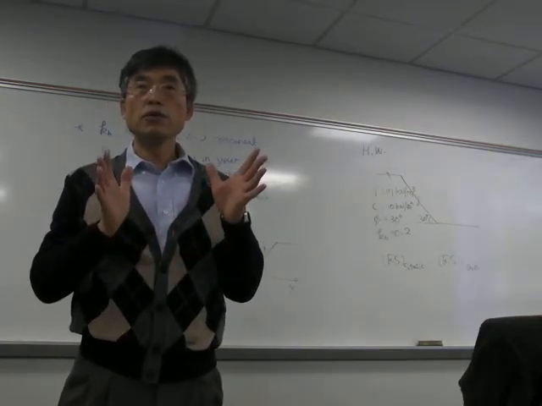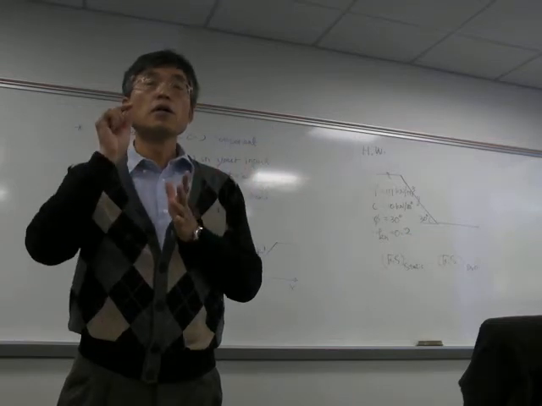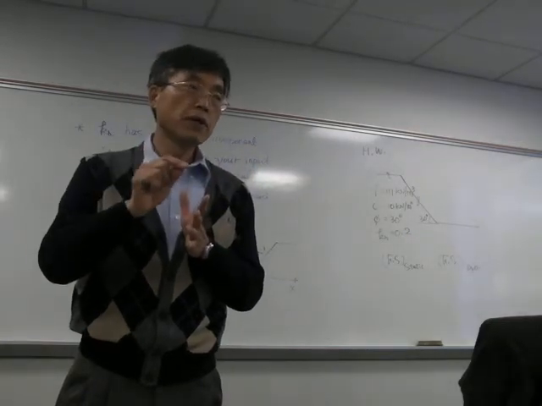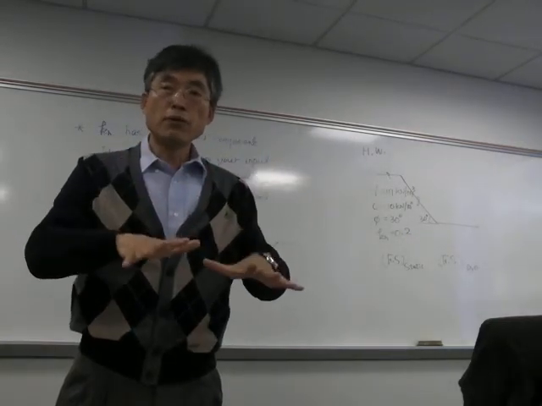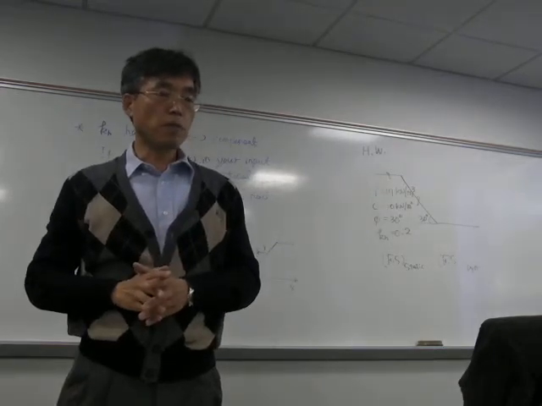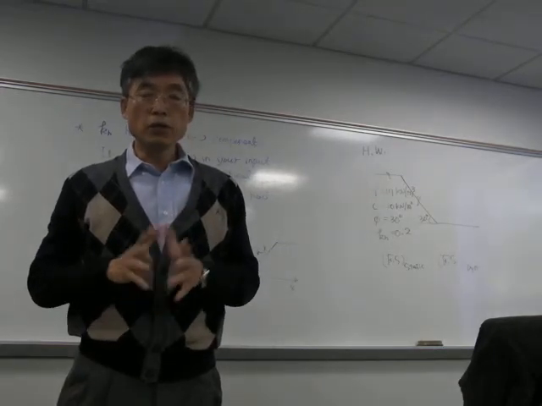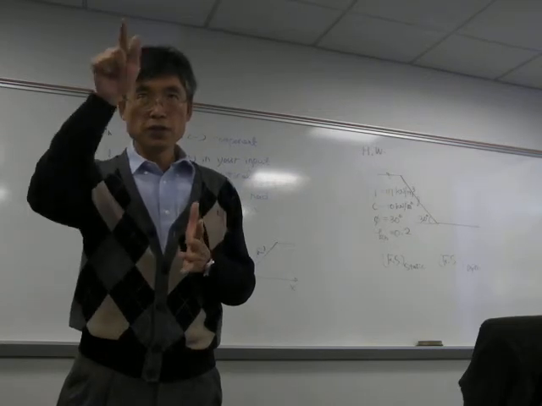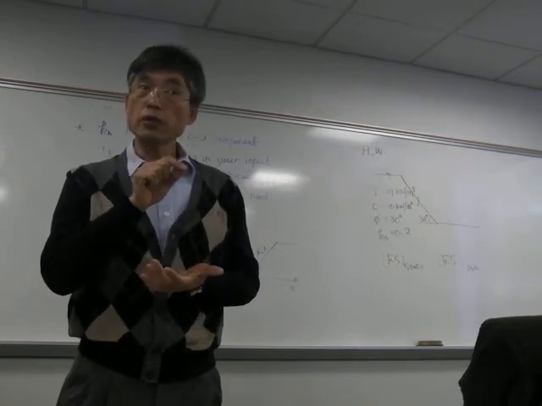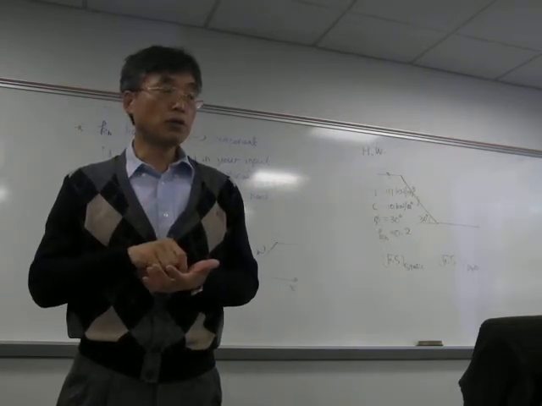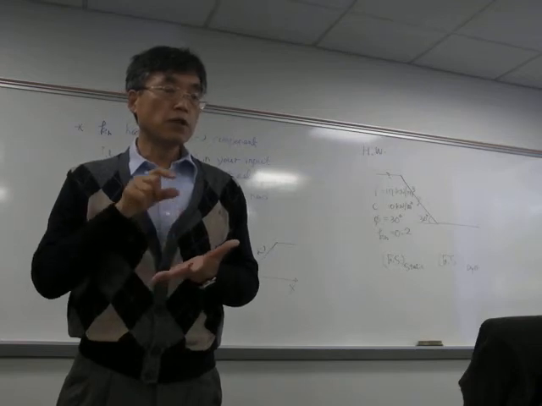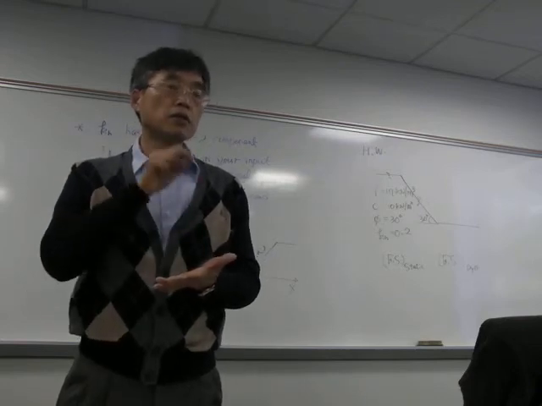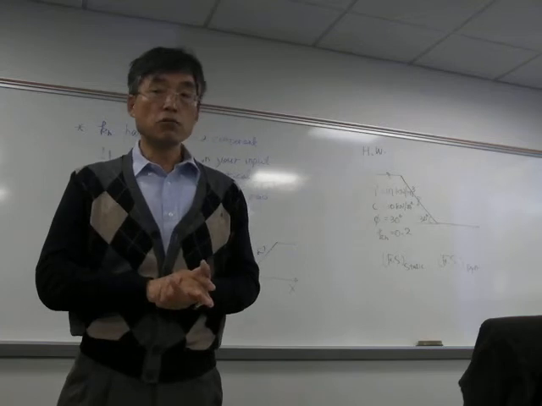Again, the key point is, if you consider dynamic effect, you can usually lower the required factor of safety. And how do you know the required factor of safety? If you consider the dynamic effect, you've got to check your code. Typically, your code will say, if you consider the dynamic effect, the required factor of safety can be 1.1.